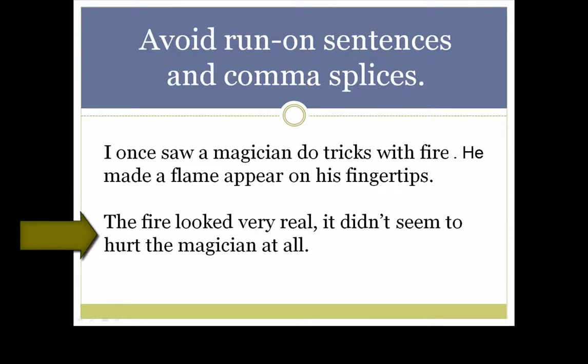This is an example of a comma splice. One way we could fix this is by adding a coordinating conjunction. I see that second independent clause as contrasting information, so I think but would be a good choice. The fire looked very real, but it didn't seem to hurt the magician at all.